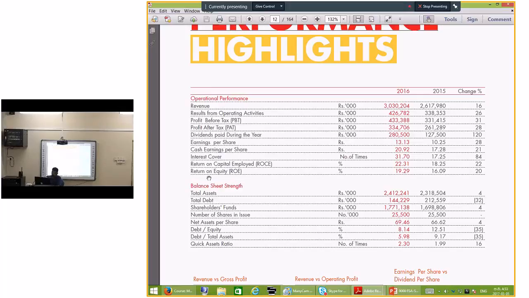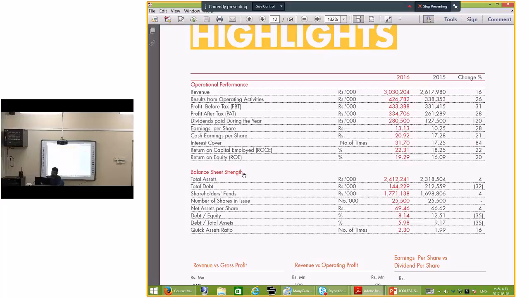If you think about the important line items in the balance sheet or statement of financial position, total assets previous year 2318, now this year we can see 2412. A very small positive change here.